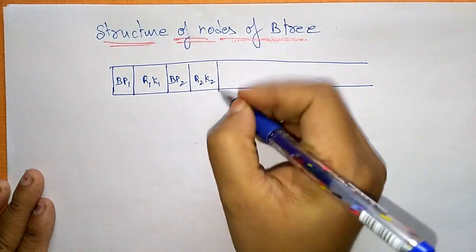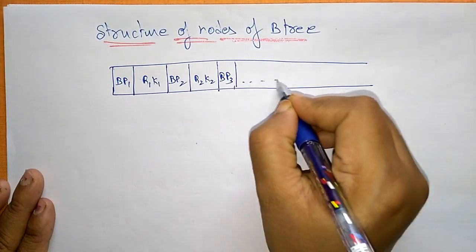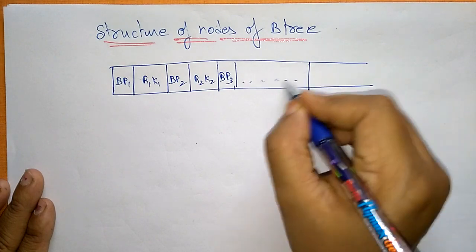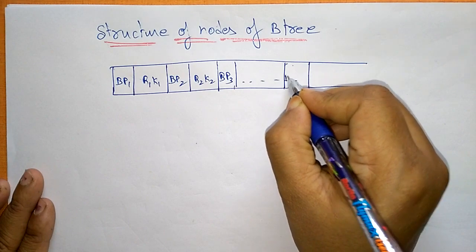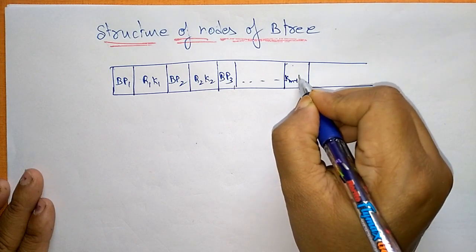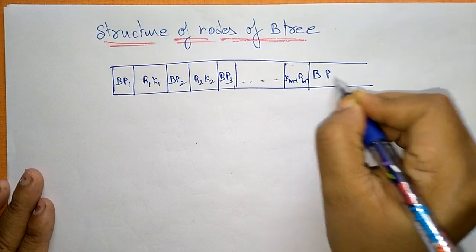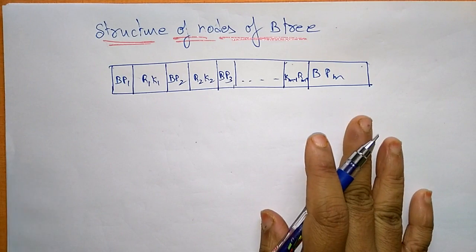Okay, block pointer 3. So it goes on up to key m-1, record pointer m-1 and block pointer m. Okay, so this is the structure of a node.